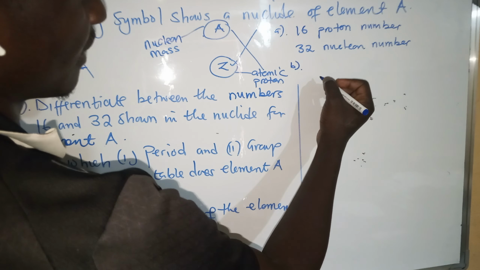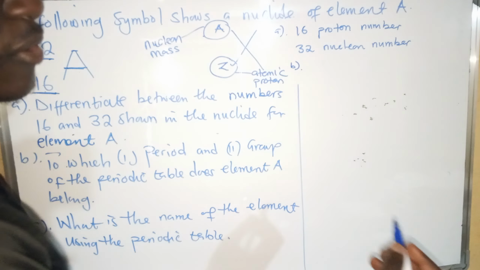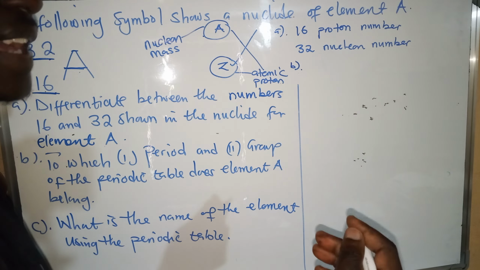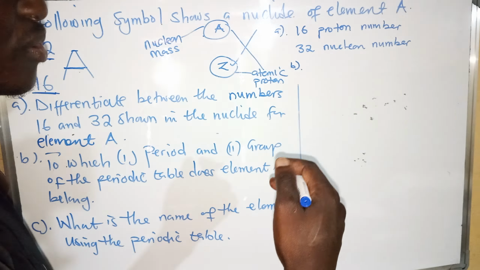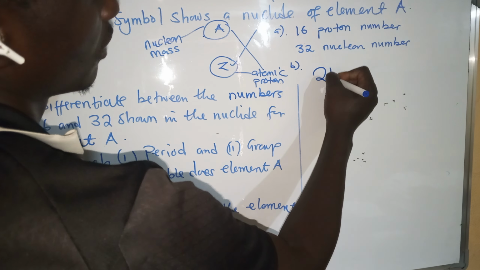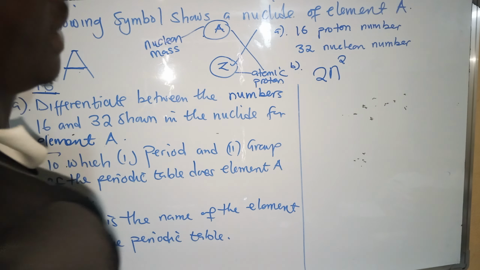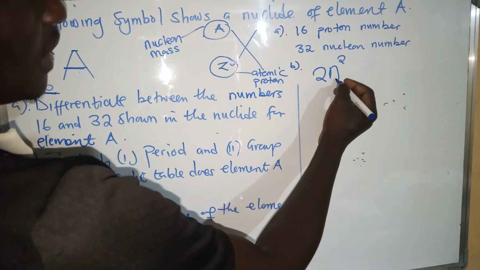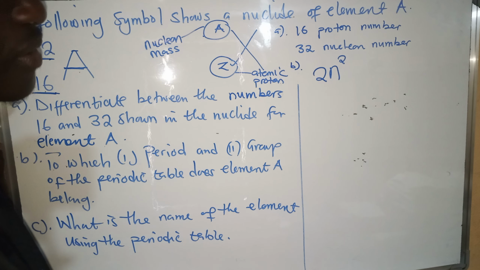To find the number of electrons that each shell has to hold, we have the formula 2n squared. This n stands for the number of the shell.